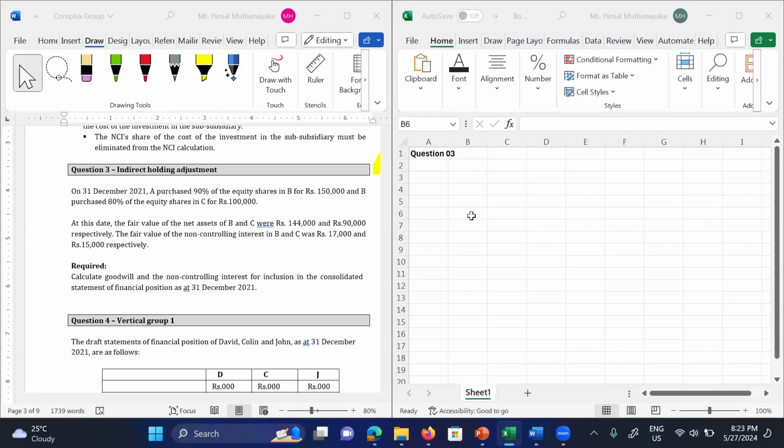Yes, very good. Someone has given the answer. Very good, Pratap. Both the answers are correct. Yes, 23,000 and 15,000. Correct.